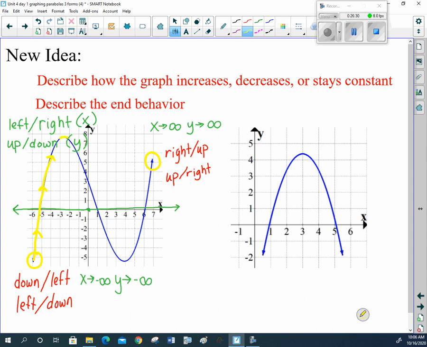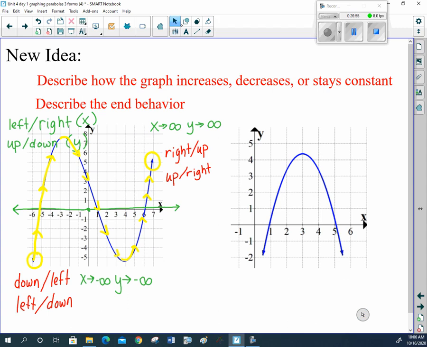Right here, I start to come down. So now I'm decreasing. See, I'm going down. Keep going down. And then I get down here to the min and I change directions. And now I'm going up again. That's increasing. So this particular graph increased, decreased, and then increased again.